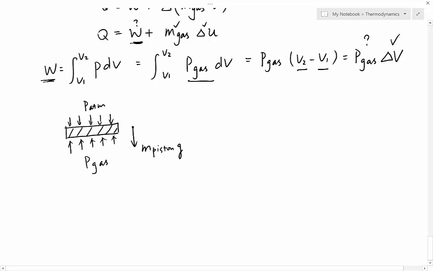Okay, let's do the left-hand side first. Total force going down. How many forces do we have going down? First of all, gravity. Mass of the piston multiplied by g. So that's the first force going down. What's the second force going down? Pressure coming from the atmosphere, PATM. But here, be careful.